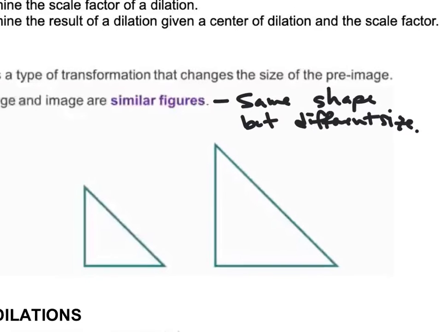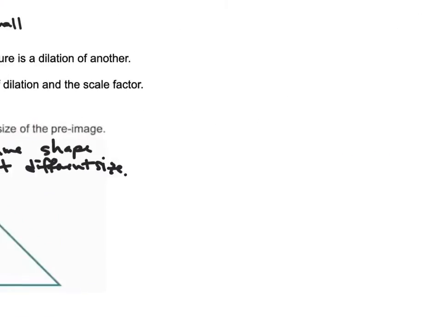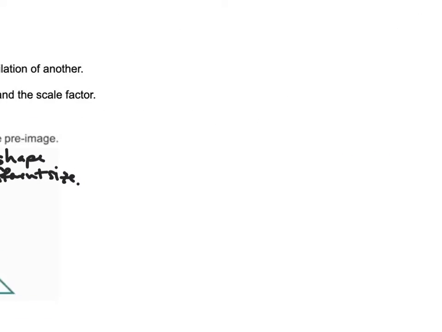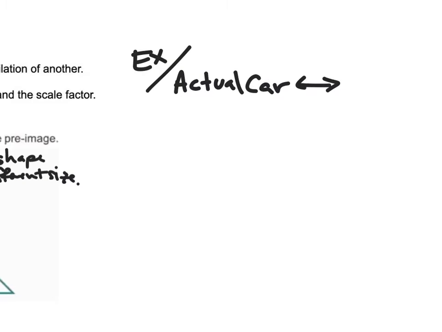And so one thing I like to think of, if we can think of examples of similar figures, is like an actual car to a toy car. Okay, they're the same shape, they're the same overall dimensions. They're just modified by a scale factor.